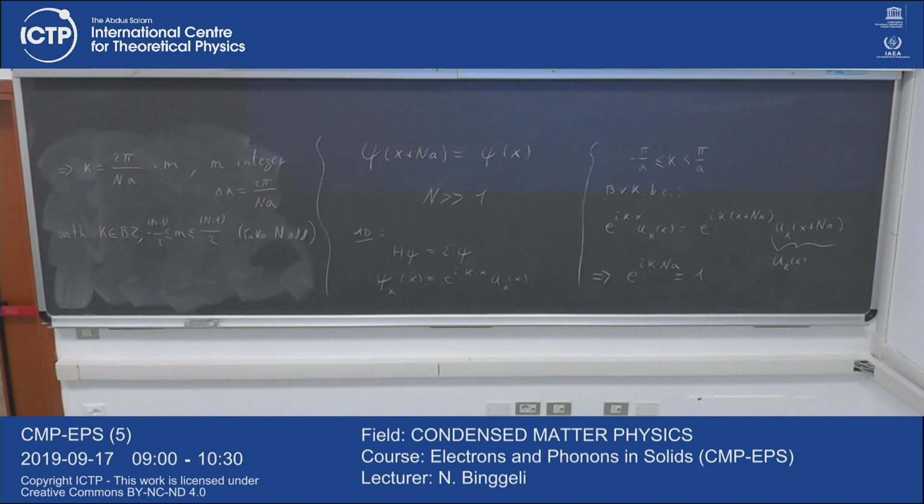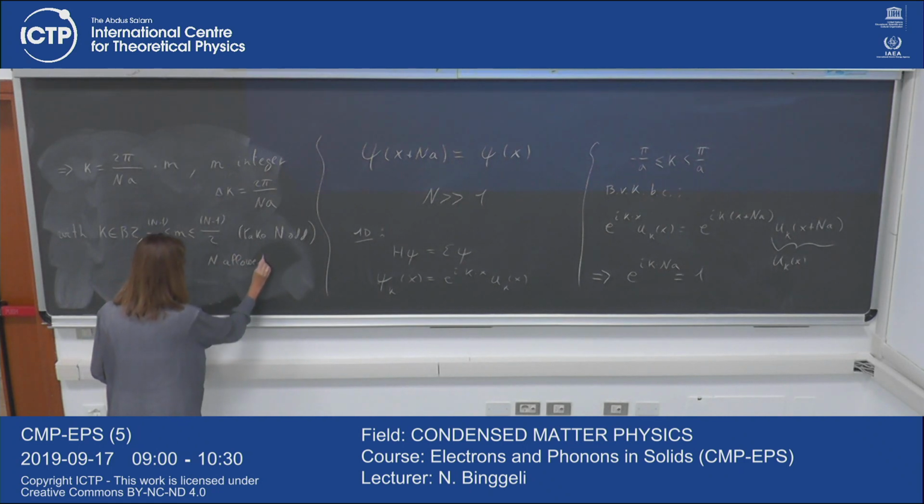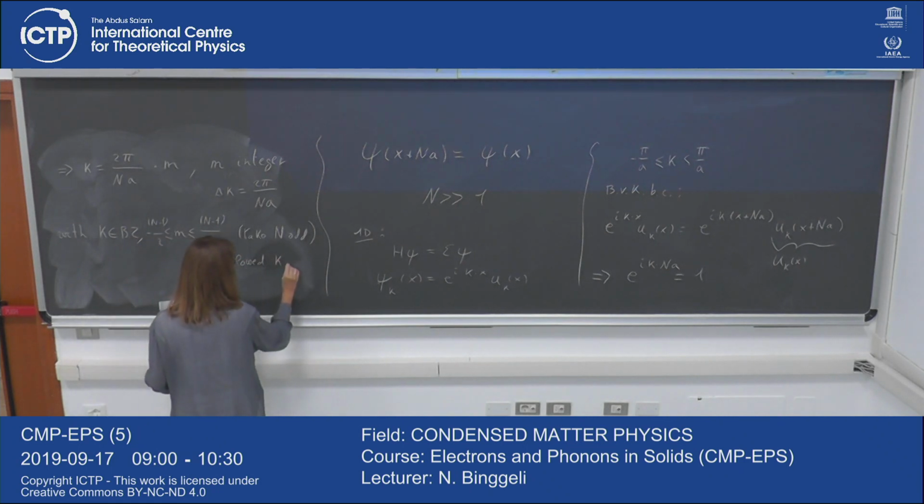So if n is odd, these are the values of the integer that I can use, and I have exactly n allowed m values. So I have exactly n allowed k values.